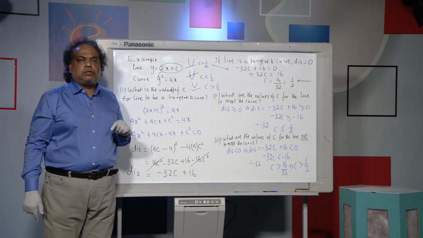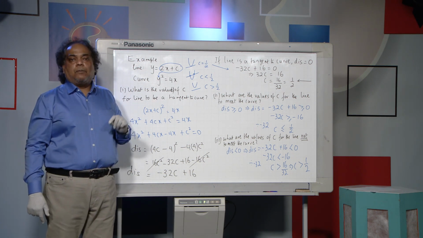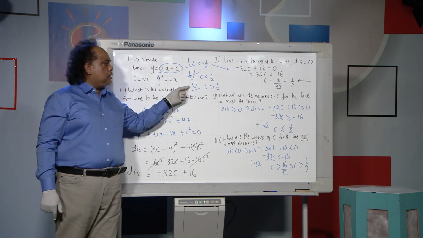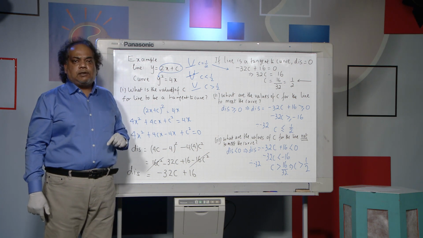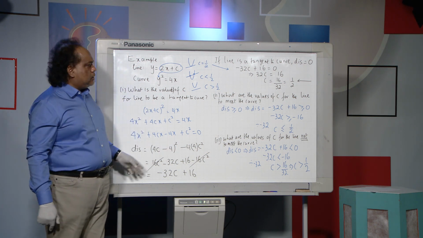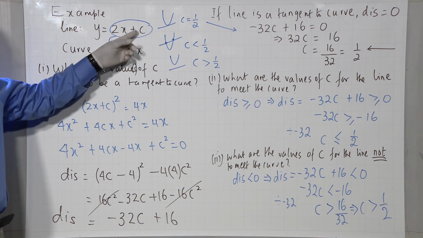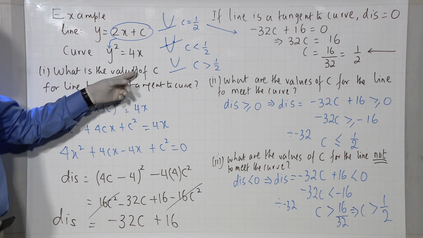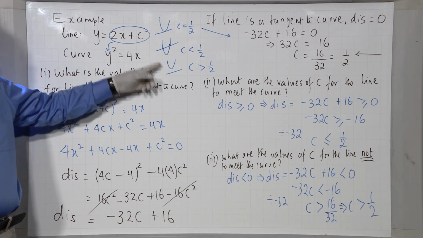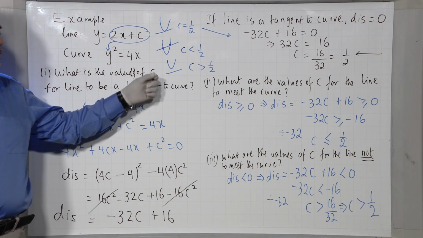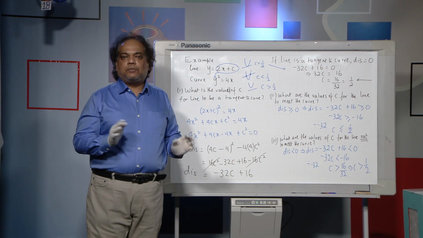A line is going to cut the curve at two distinct points if the discriminant is positive. The line will not cut the curve if the discriminant is negative. So this example illustrates that with a line y equal to 2x plus c and a curve, varying the values of c will ensure that the line is a tangent, cuts the curve at two points, or doesn't cut the curve.